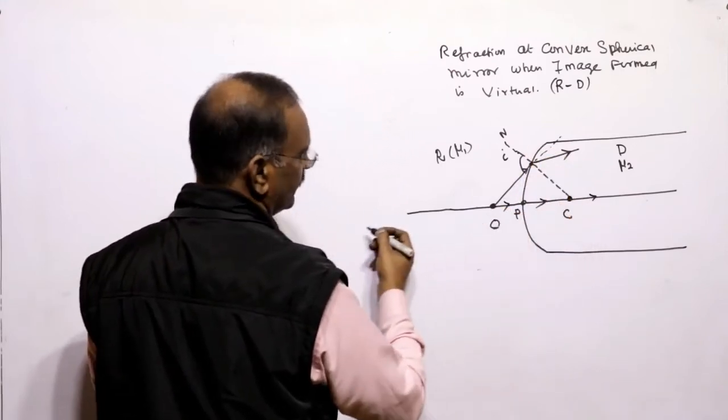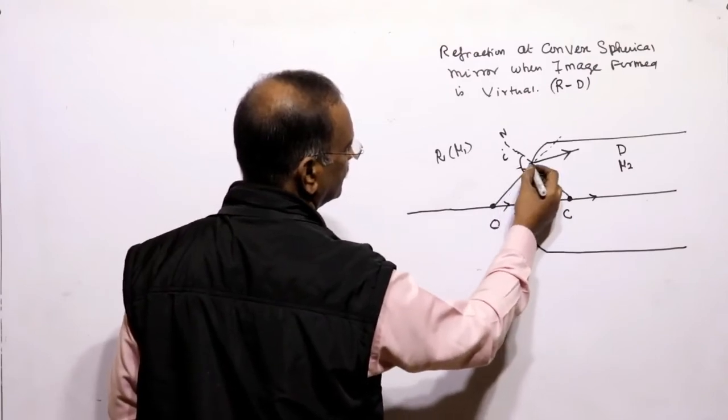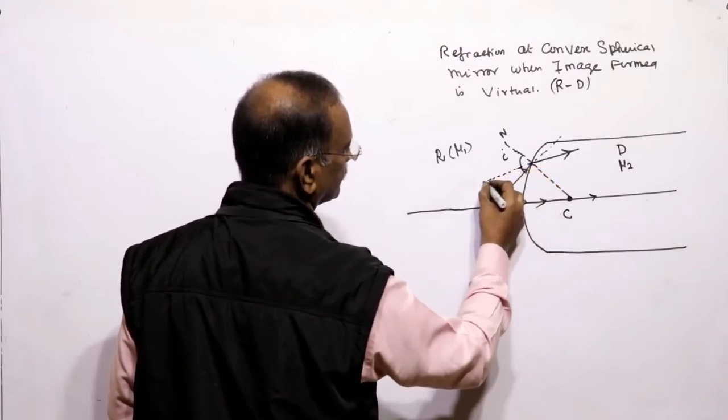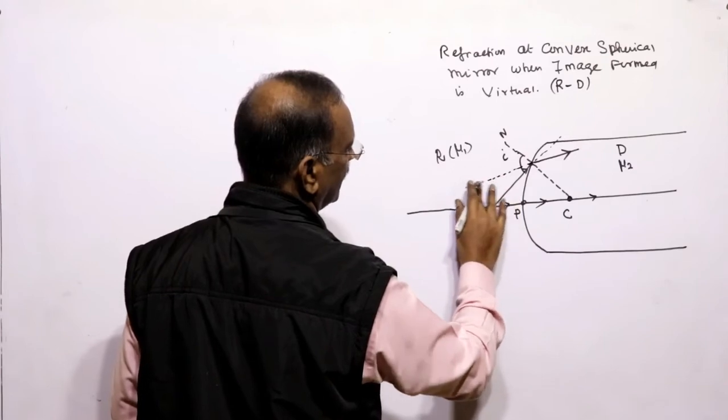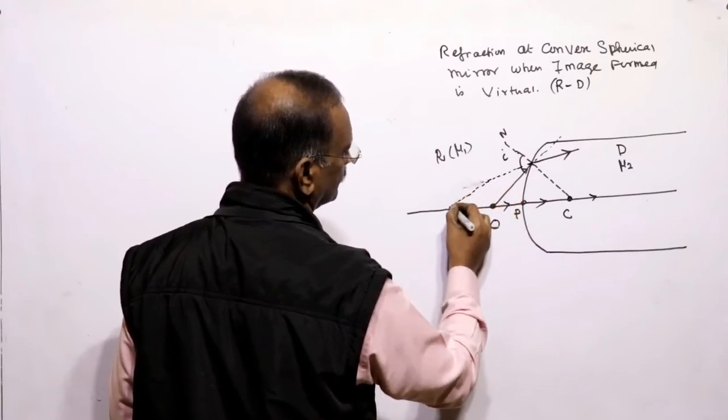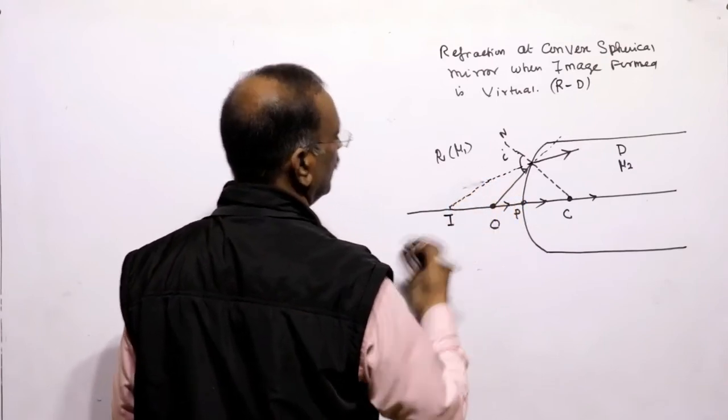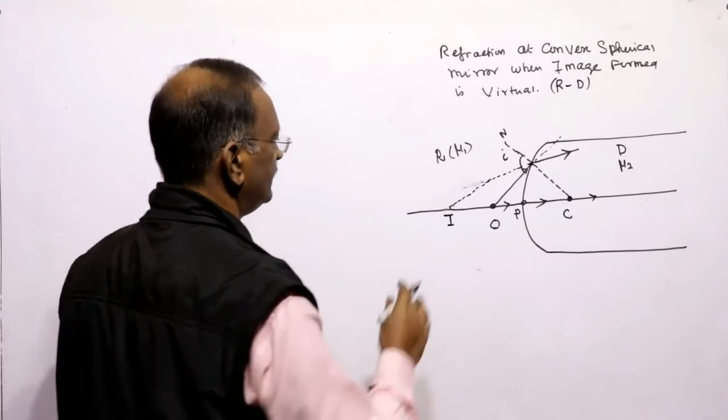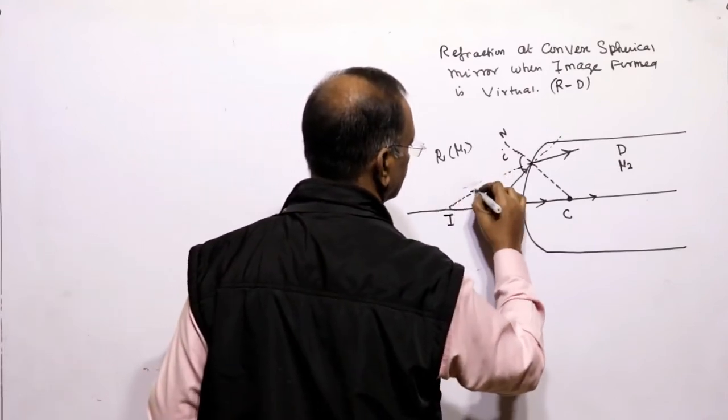This is produced backward, it will come here. When this is produced backward, the image is formed here.